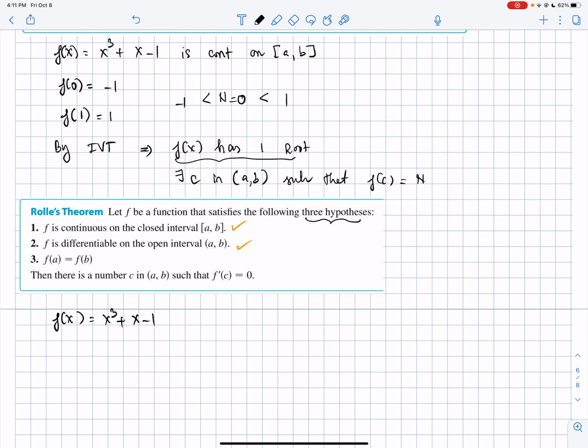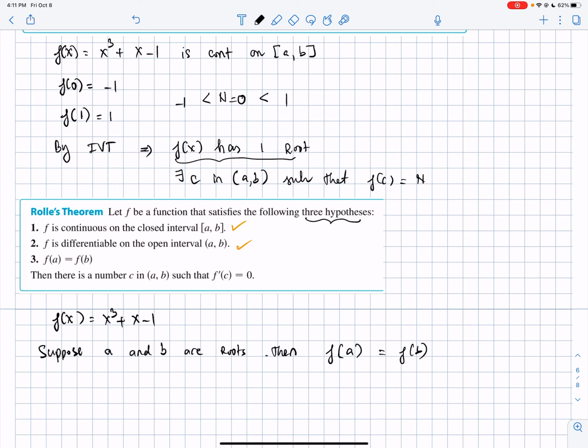Then number 3, we will suppose that we do it by contradiction. We're going to suppose that a and b are roots. And because they are roots, meaning solutions, we will have f of a equal to f of b.